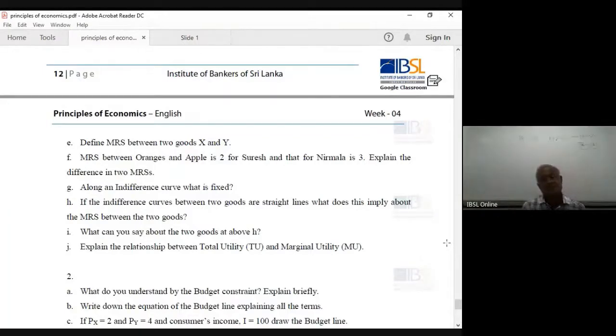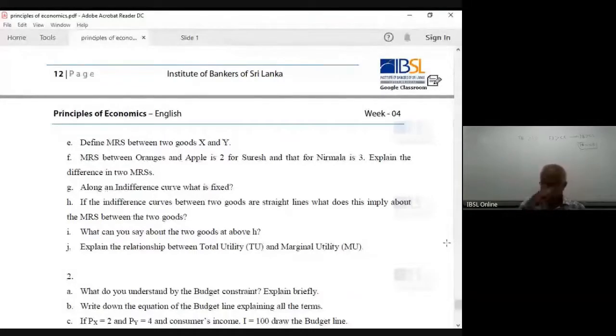If the indifference curves between two goods are straight lines, what does that imply about the MRS between the two goods? Remember, we discussed this. When they are perfect substitutes, indifference curves are straight lines, a set of parallel lines. So the slope is constant.